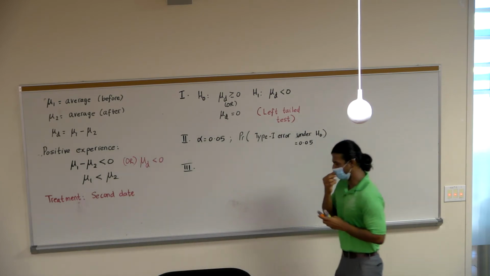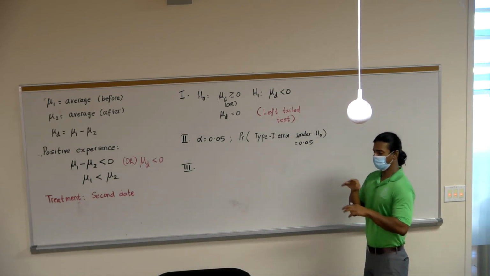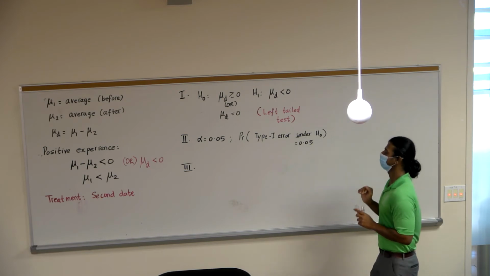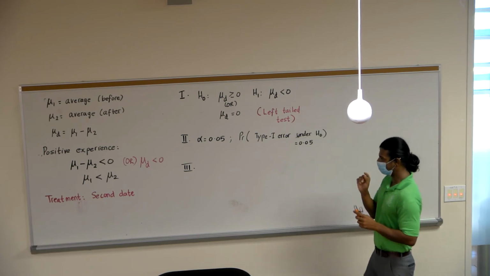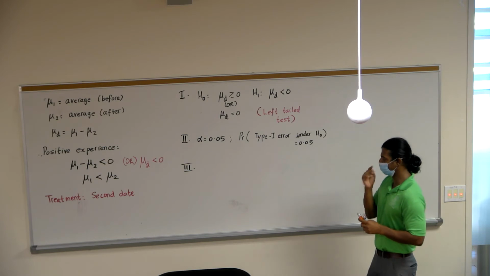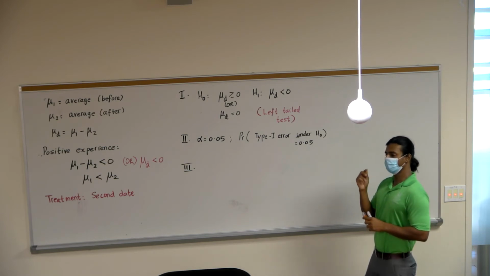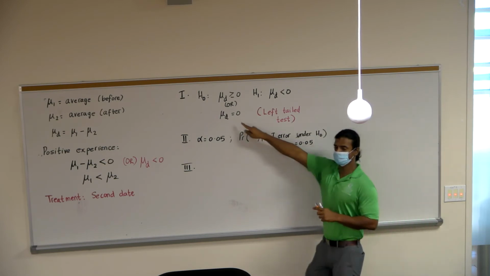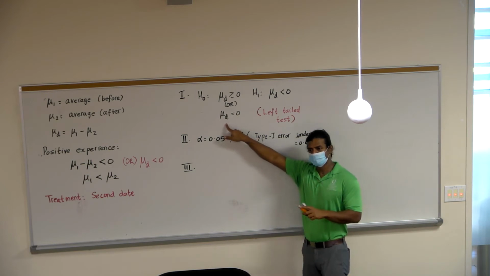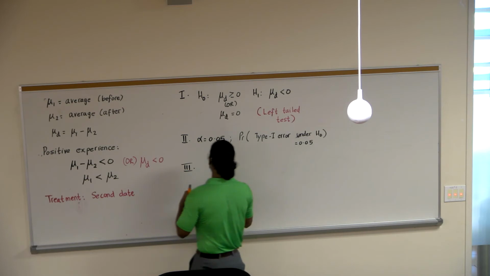Step 3 is where we find a bunch of things regarding the data. So we have the before values, we have the after values. What do we need to find? We are making use of the differences, right? So we need to find the difference in average.